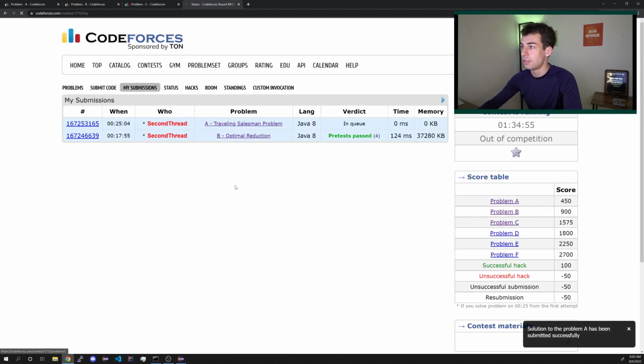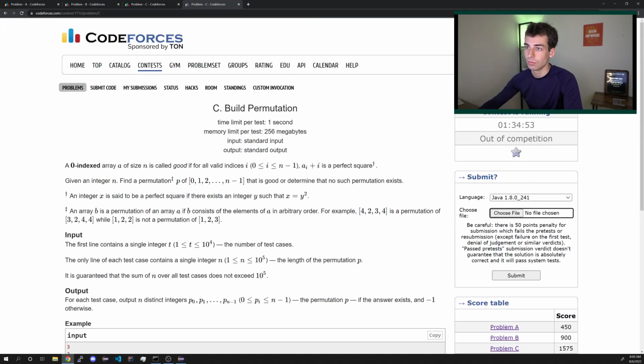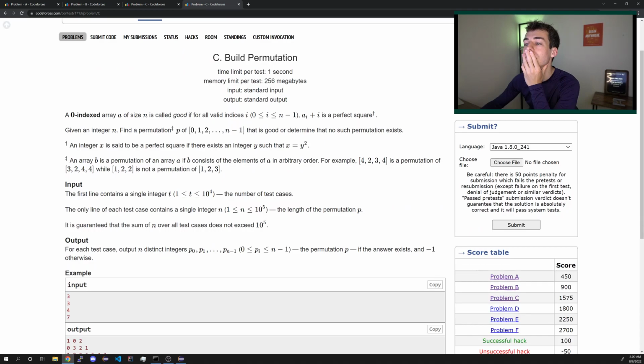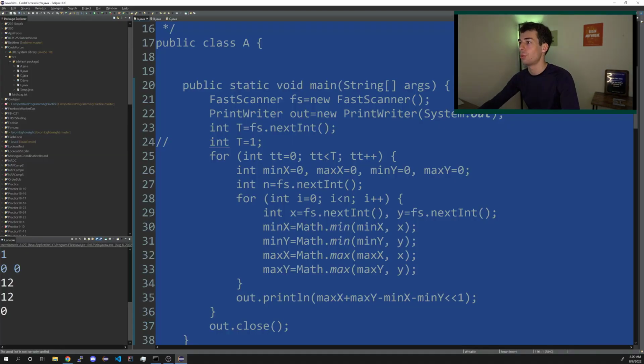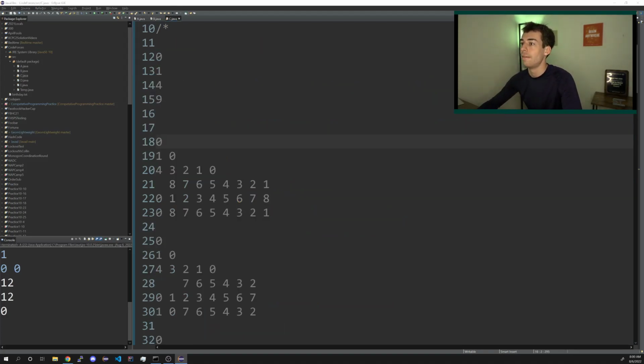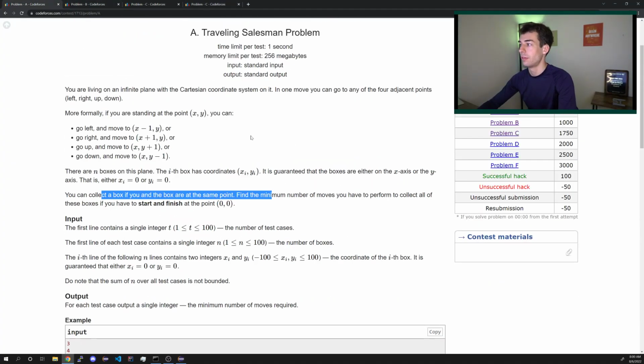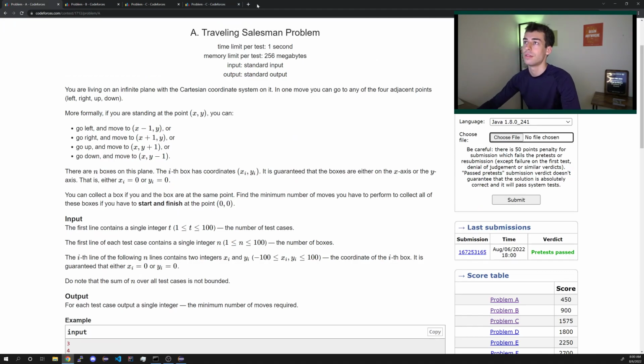Good. Let's get us a C. 0. Oh, it is 0 indexed. Yeah, okay. So we're actually not off by 1. Alright. Did we get that, by the way? Nice.